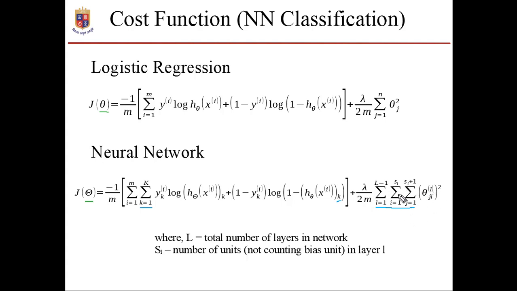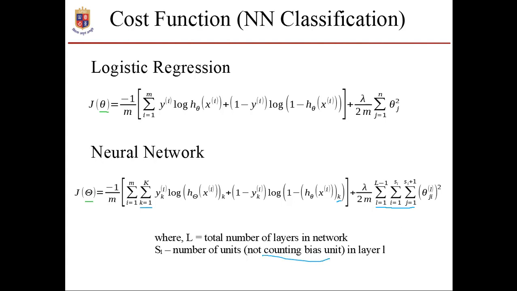Here you have the three summations, and you see that L is equal to the total number of layers in the network. We are not calculating all the layers, because we will not be considering the first layer as a calculation layer, so it's L - 1, and s_l is the number of units. Here we are not counting the bias unit in layer 1.